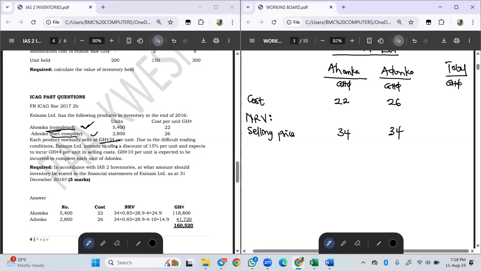He said that S now intends to offer a discount due to difficult trading conditions. So please, what type of discount is this?